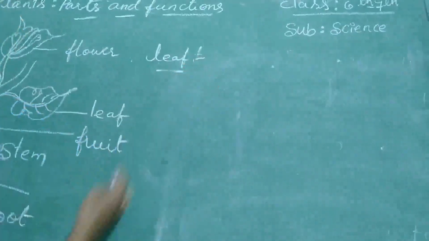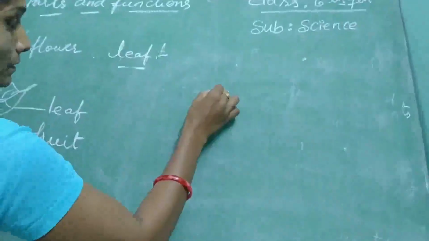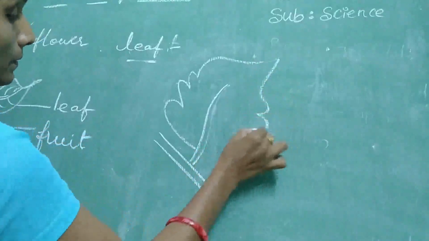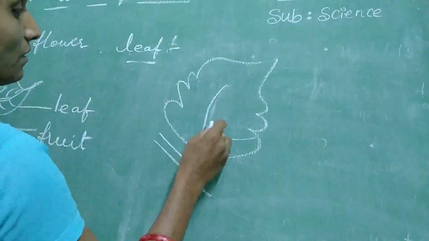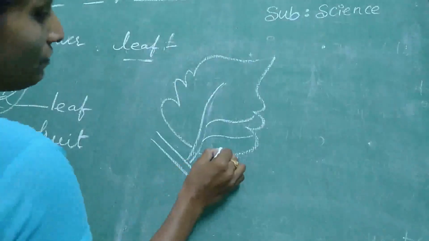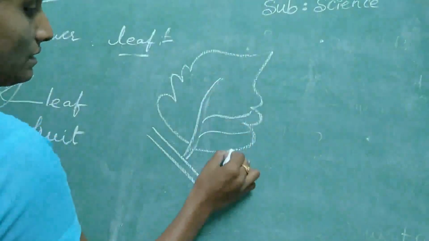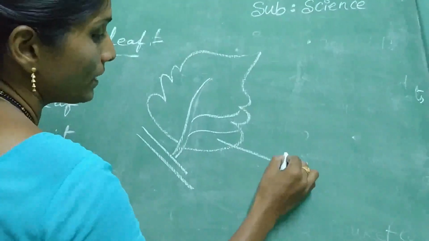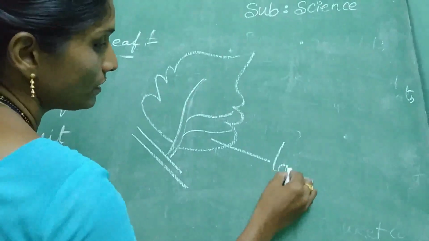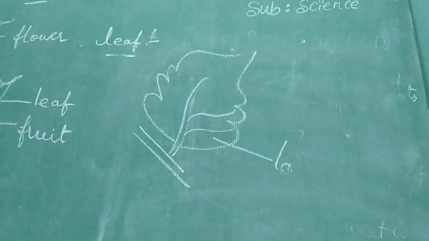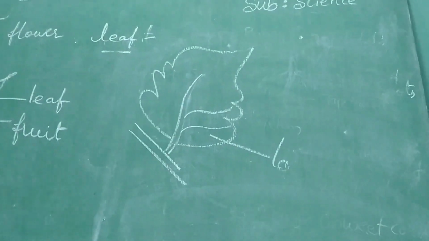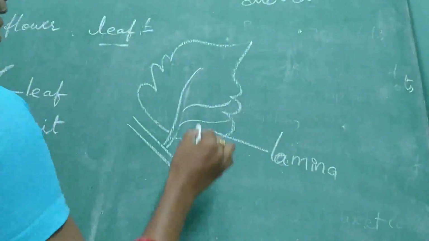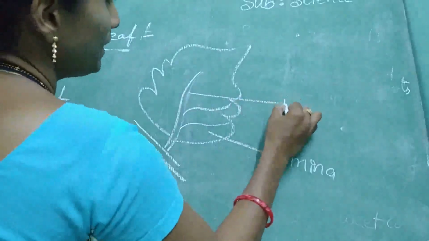This is the structure of the leaf. The main parts of a leaf are these. The first main part is lamina. The second main part is midrib.